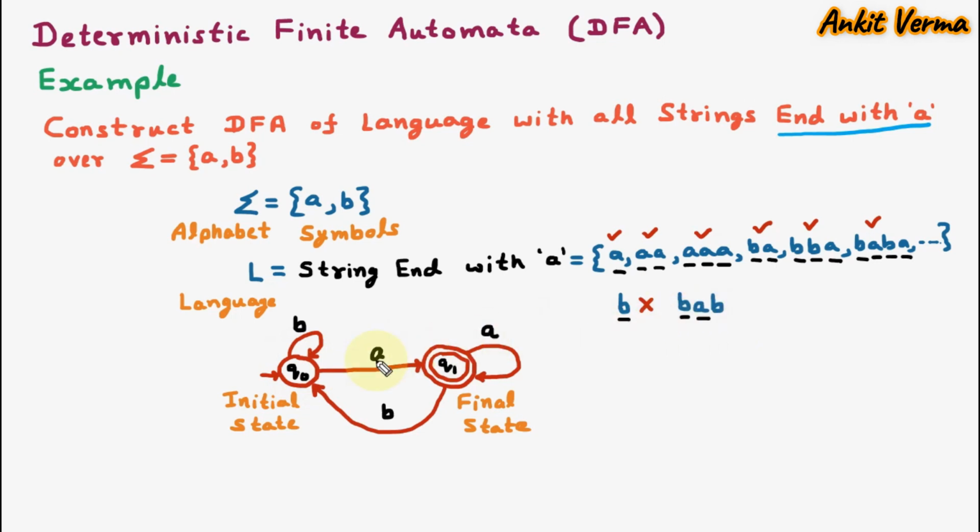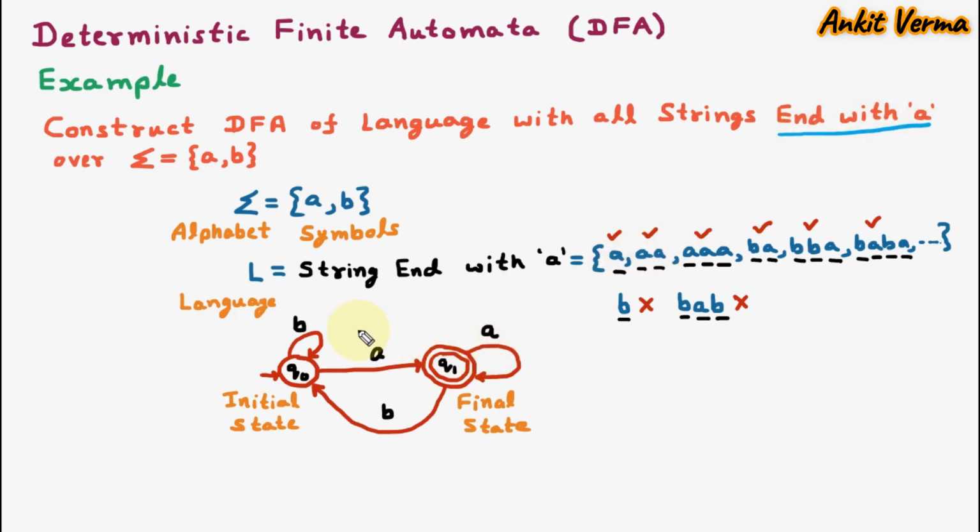And A comes, so we move to Q1. And then B comes, so we go to Q naught. So at the end of the complete string, we are on Q naught, and this Q naught is not the final state. That means this string is not accepted by the DFA. So this DFA is addressing all the strings, and it is solving our purpose for strings ending with A.